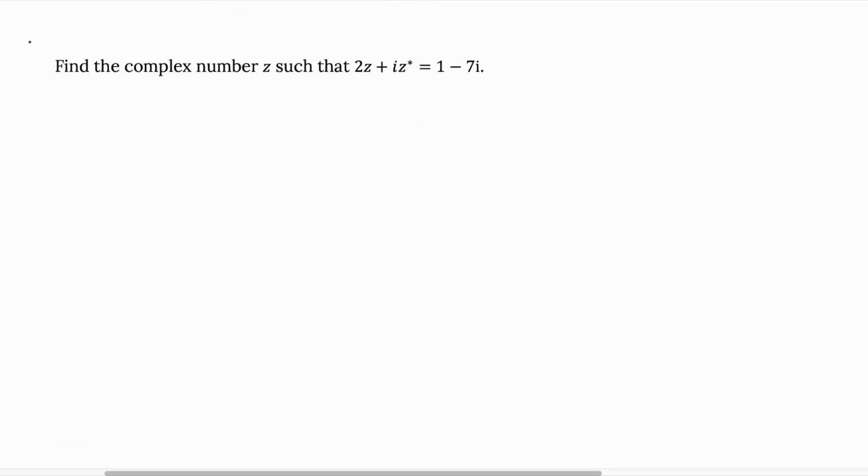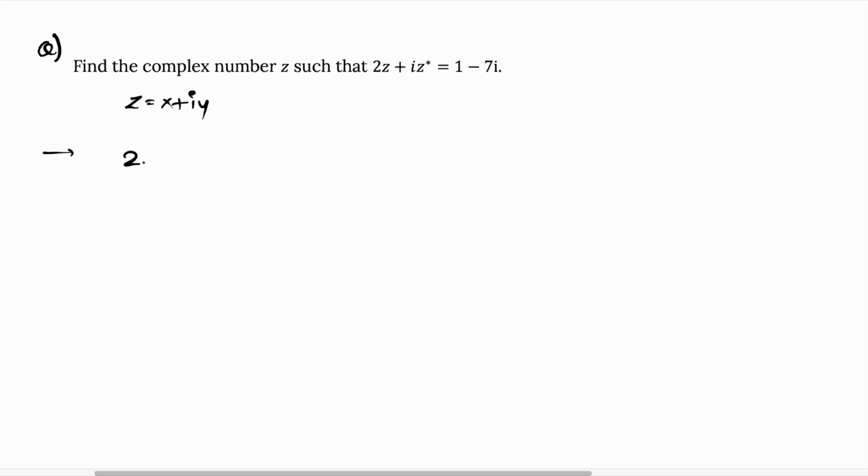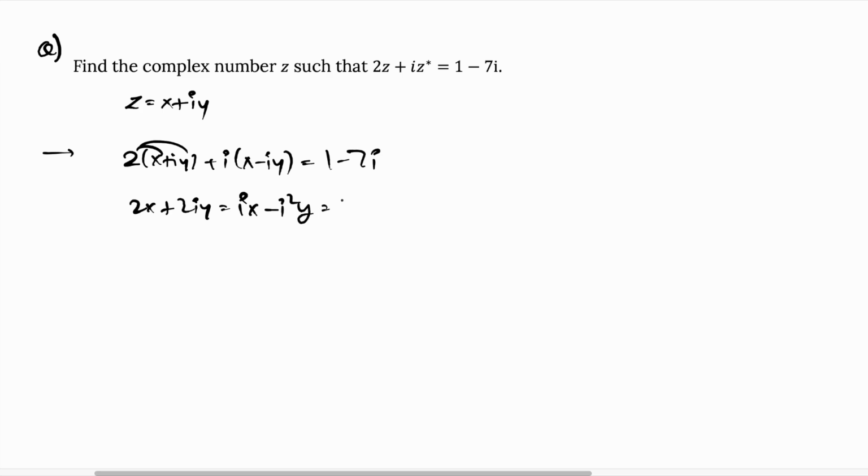Moving on, the next question is, find the complex number z such that 2z plus i z conjugate equals 1 minus 7i. So again, I'll assume the complex number z is equal to x plus iy. Substituting, I get 2 times (x plus iy) plus i times the conjugate, which is (x minus iy), equals 1 minus 7i. So expanding, I get 2x plus 2iy plus ix minus i squared y is equal to 1 minus 7i.